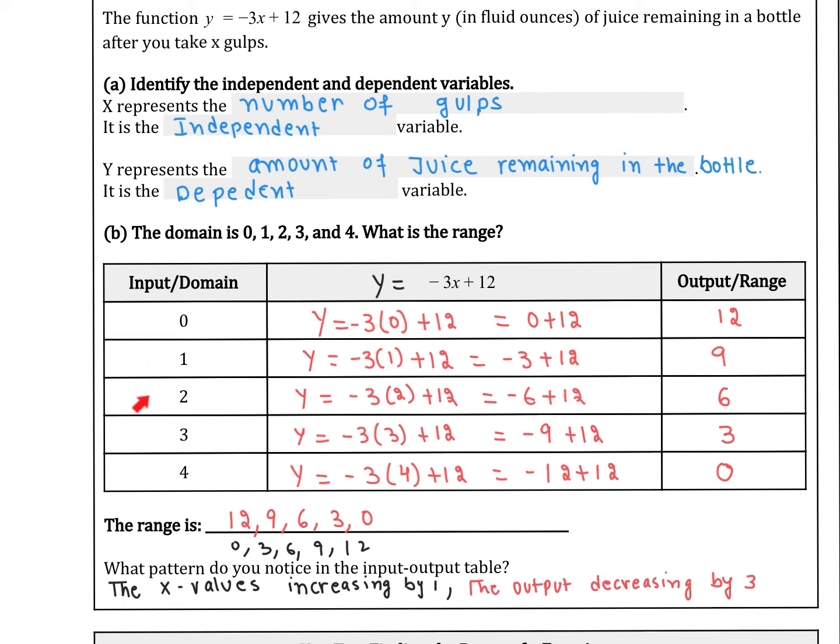So it's plus 1, plus 1, plus 1, plus 1 to get the next number. And the output is going to be minus 3 to get the next number, in other words, it's decreasing by 3.